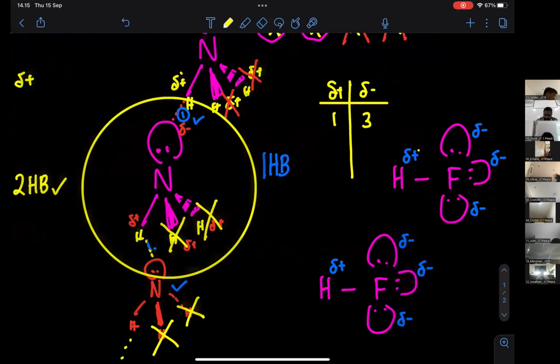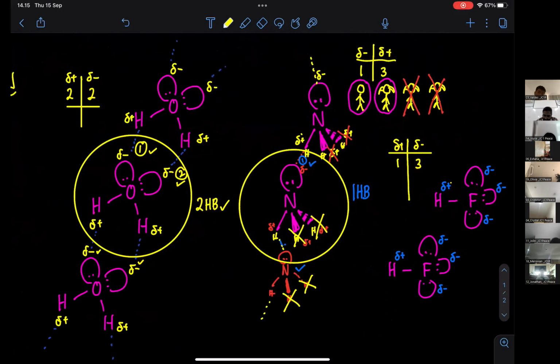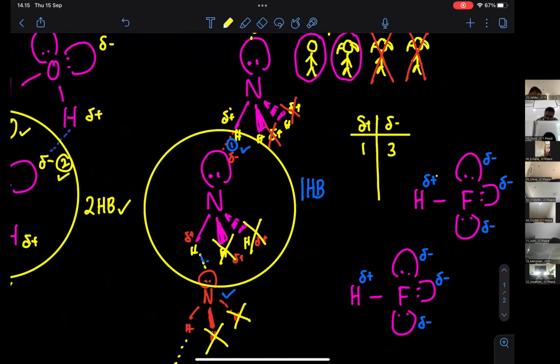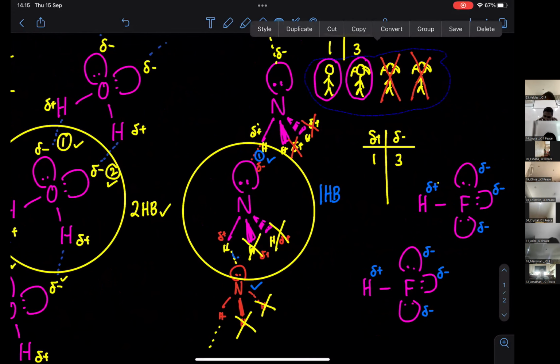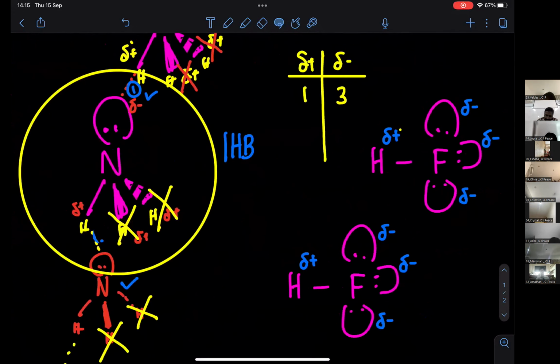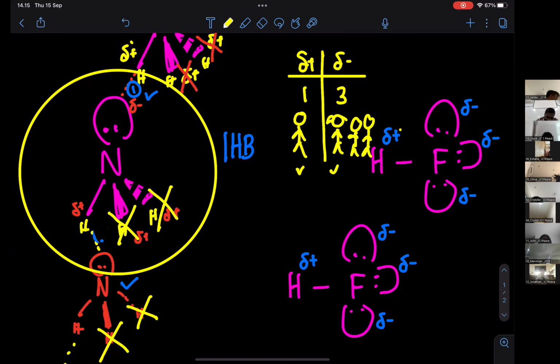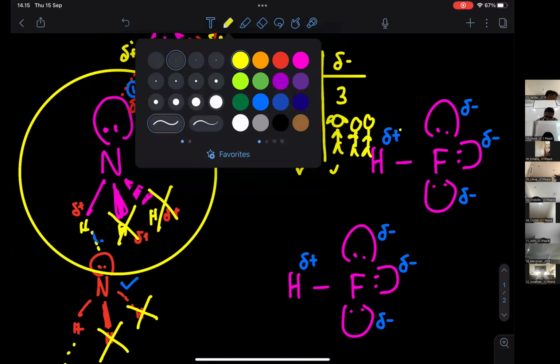This one is like 1 and 3 delta, so similar to just now, I can use the same example. If you have one guy and three girls, only this and this will couple up, and the remaining two will go to waste.